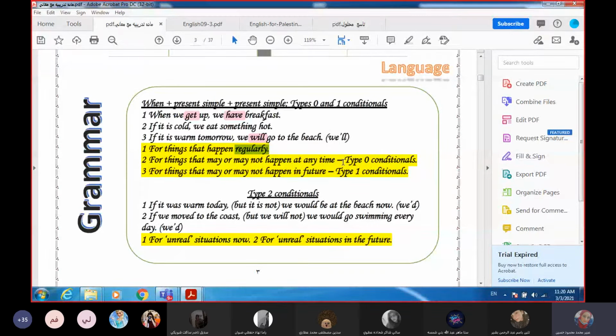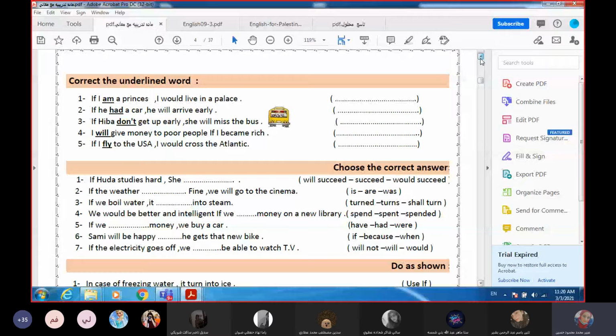May or may not happen in the future is type 1. Clear? Now I have type 2.